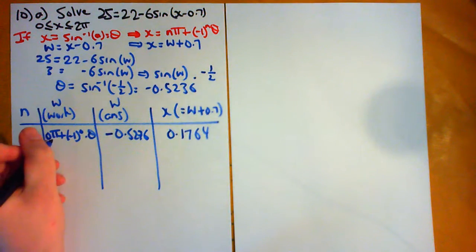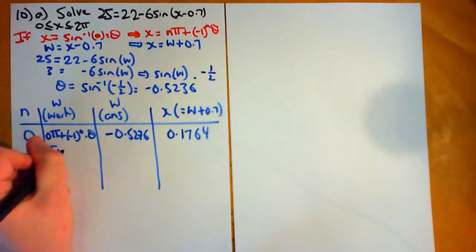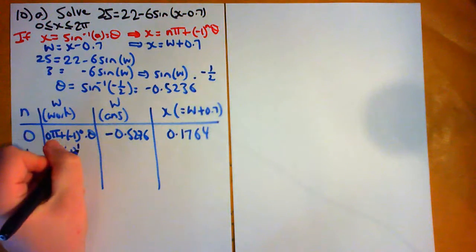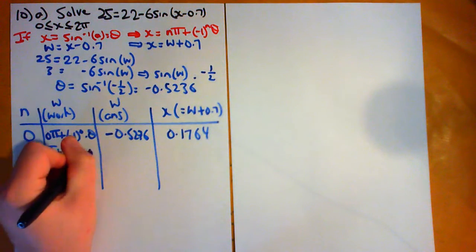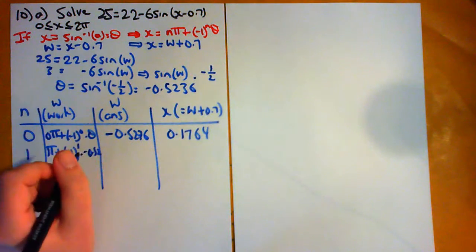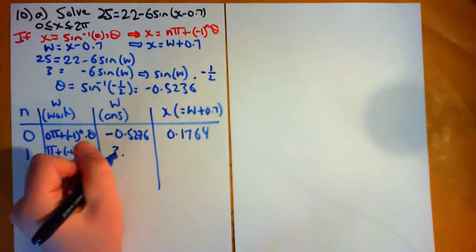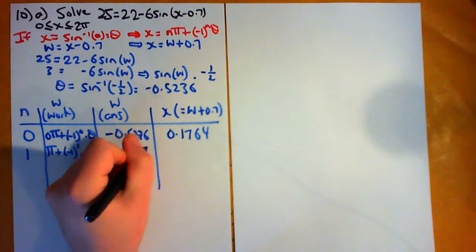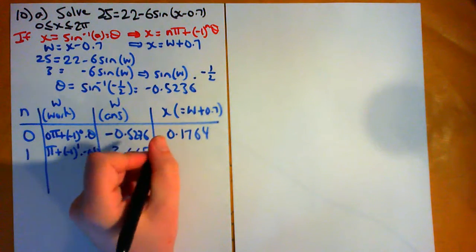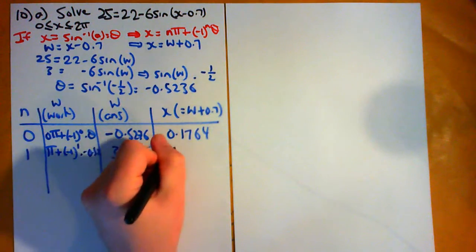n equals 1, we get 1 times pi is pi plus minus 1 to the 1 times theta, so that's going to be times negative 0.5236, which gives you 3.665, and if we add 0.7 to that, we get 4.365.